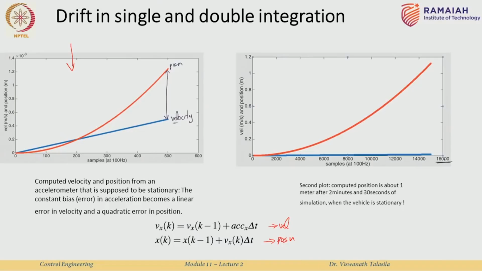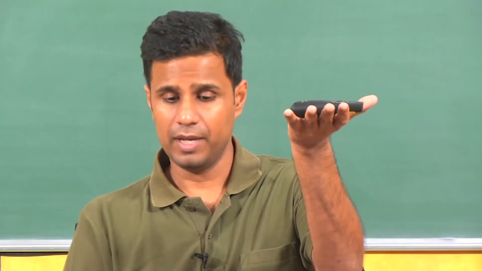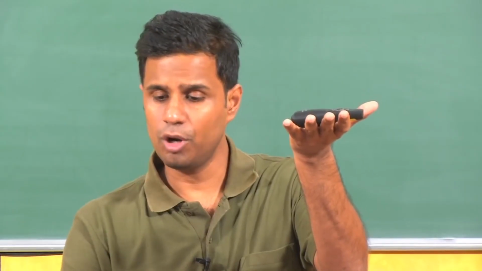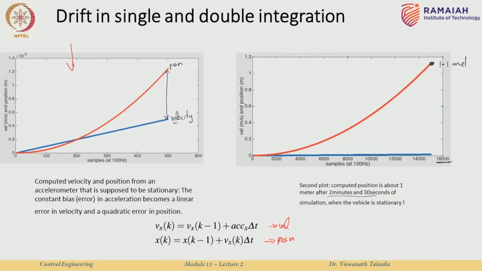So, let us run this for 16,000 samples, which is approximately 2 minutes and 30 seconds, where the sensor was perfectly stationary. And you can now see after 2 minutes 30 seconds, my position, which was supposed to be 0, has now gone to almost 1.1 meters.